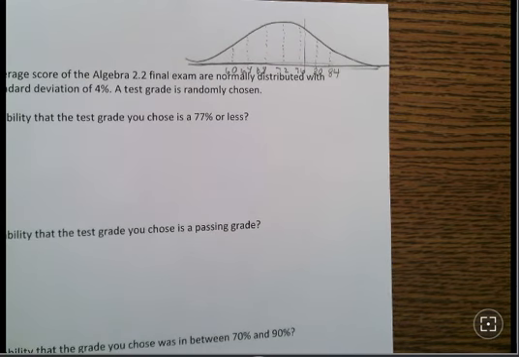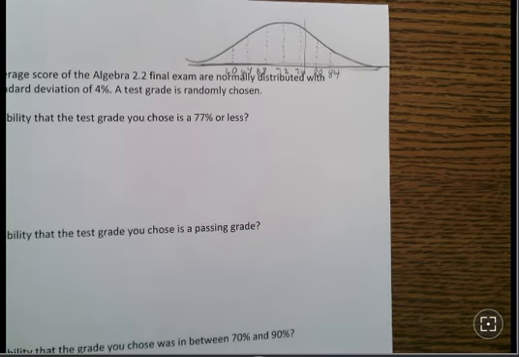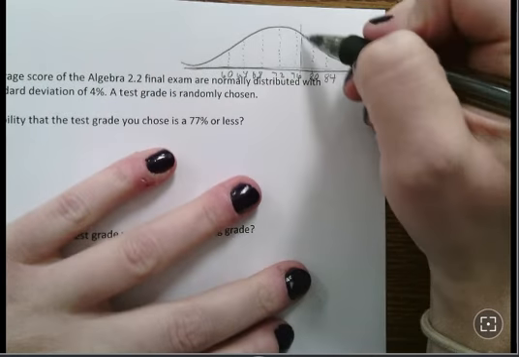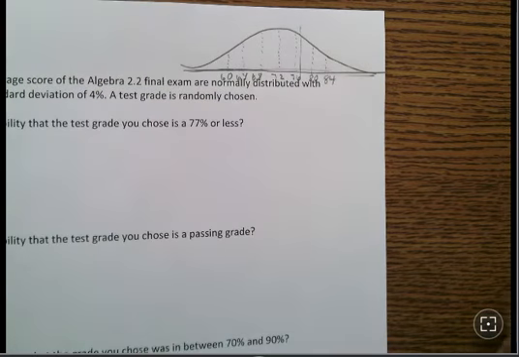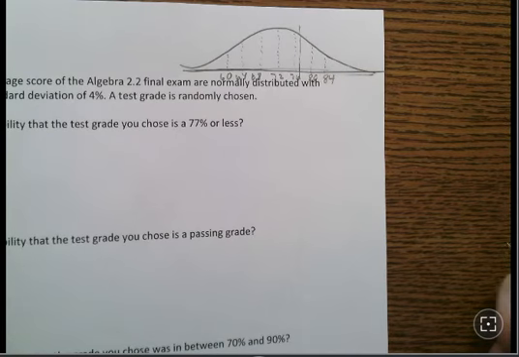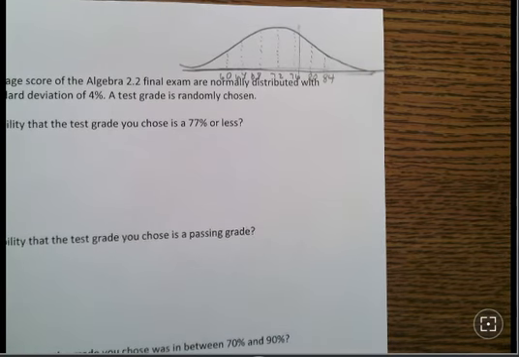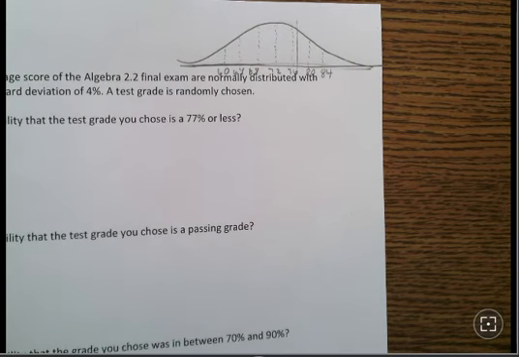The issue with this one is that it doesn't fall right on one of those lines, so we have to use the standard normal table. We're basically going to normalize or standardize it, and then look at the table we're given.